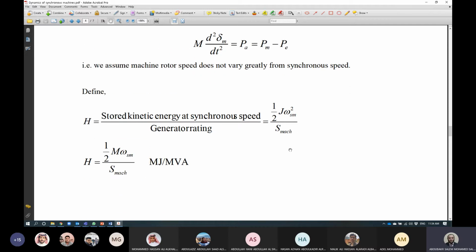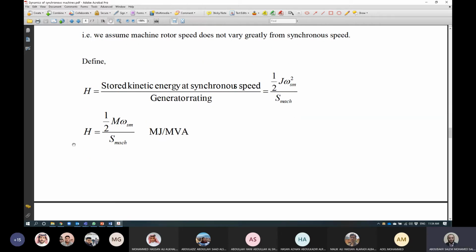And kinetic energy can be represented by half J omega square, and the apparent power is S. So the units of H now is nothing but this is joule, right or wrong, guys? Energy measured in joule, and S is measured in volt ampere. So it's power. If we divide joule over power, it will be time. So the units of H is second.